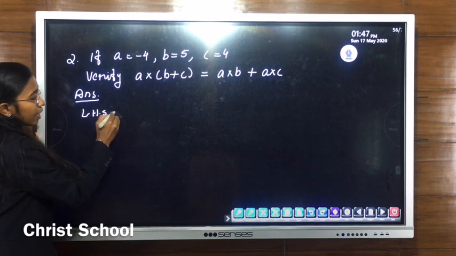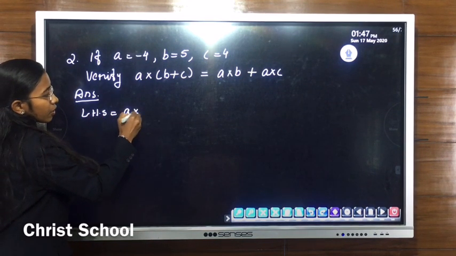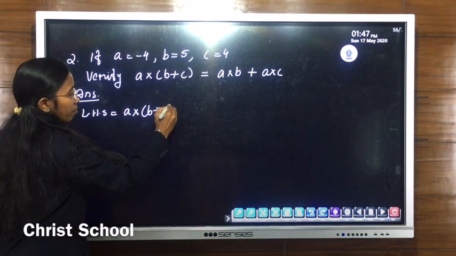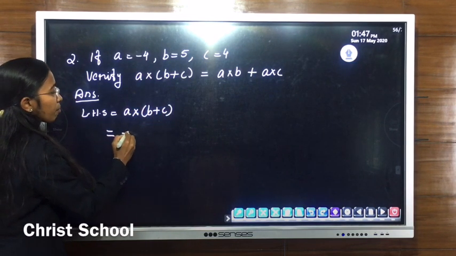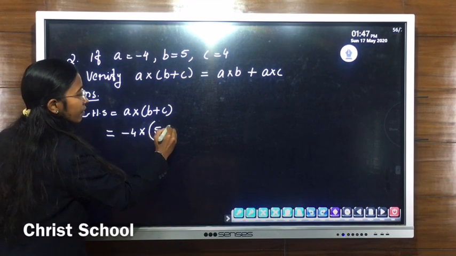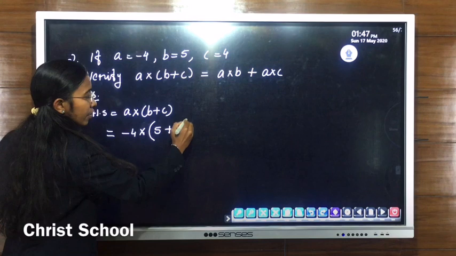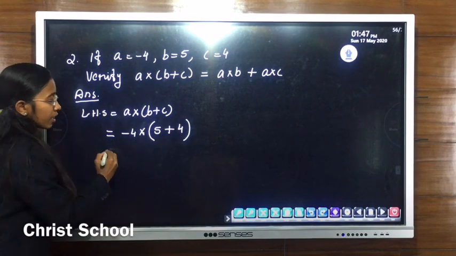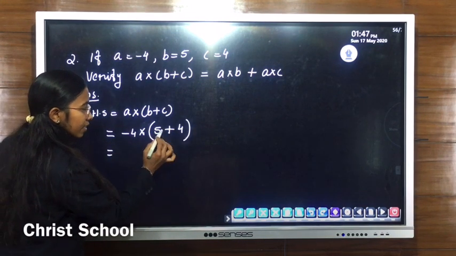So here our LHS is A into B plus C. What is A here? Minus 4 into B is 5 plus C is 4.